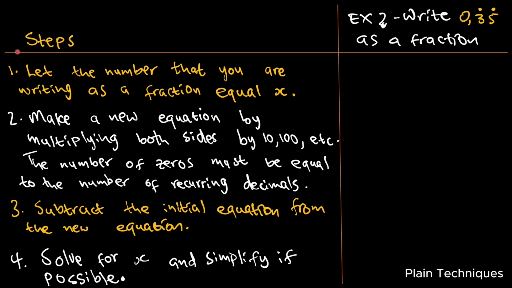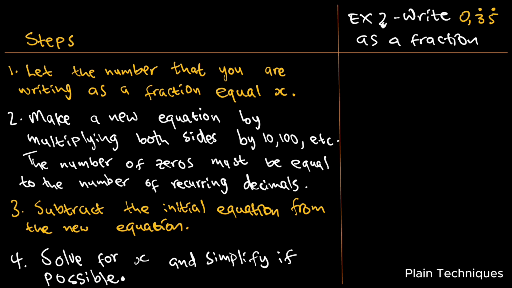We're going to follow the same steps. Step number 1: let the number that you are writing as a fraction equal x. I'm going to say this number must equal x.